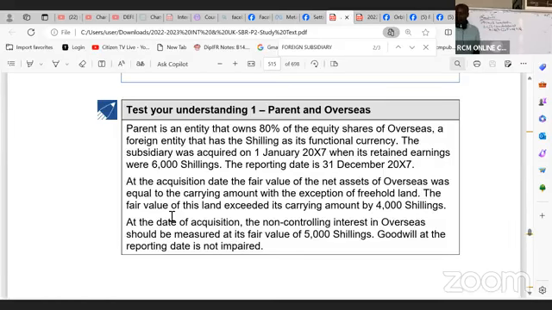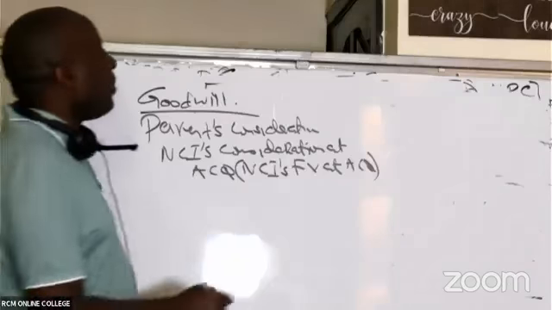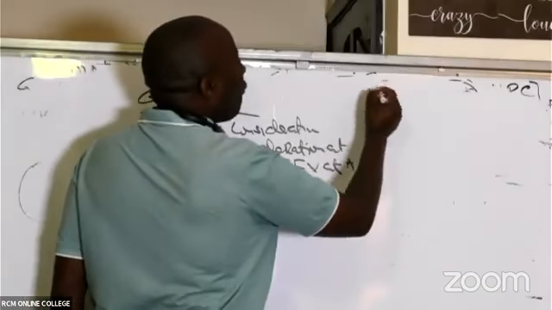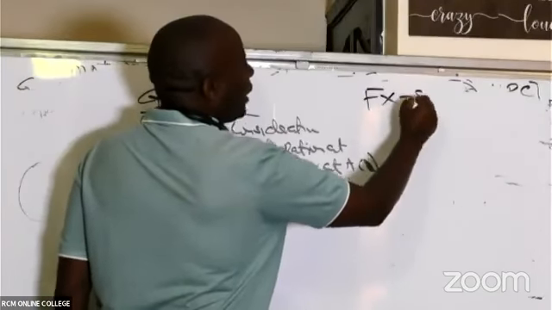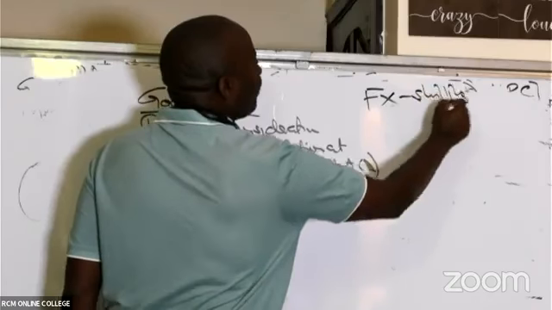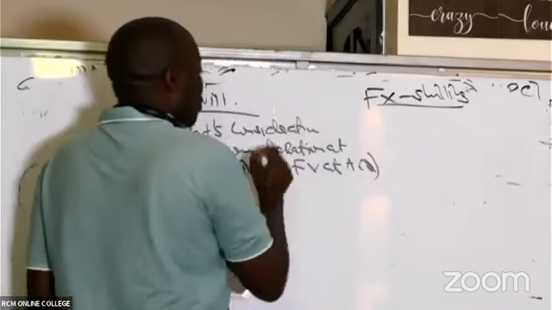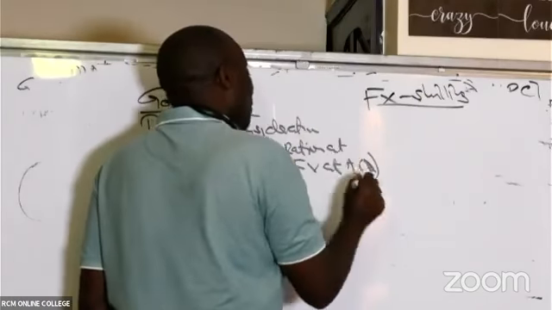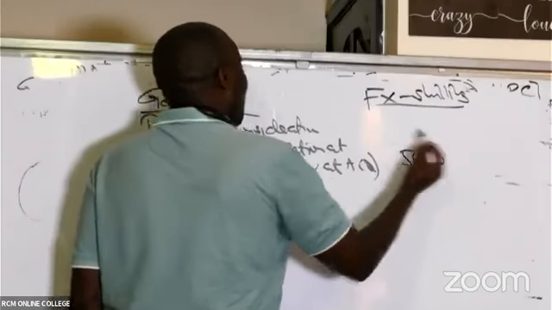At the date of acquisition, the NCI in overseas should be measured at its fair value of 5,000 shillings. So we have here 5,000 shillings. And remember, we are measuring this goodwill in foreign currency, and the foreign currency is a shilling, of which NCI's consideration at acquisition date is 5,000 shillings.